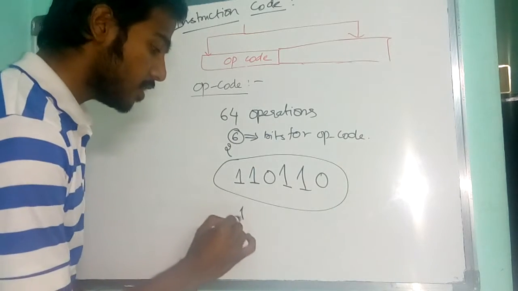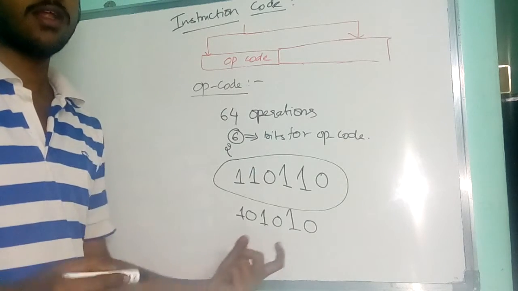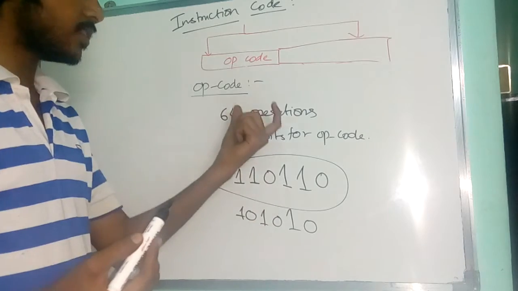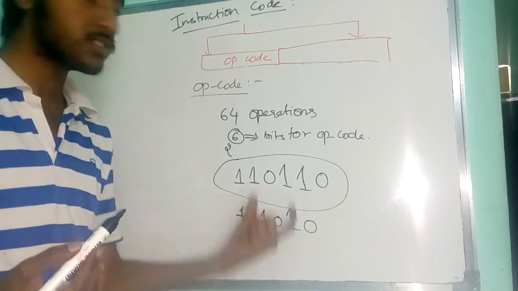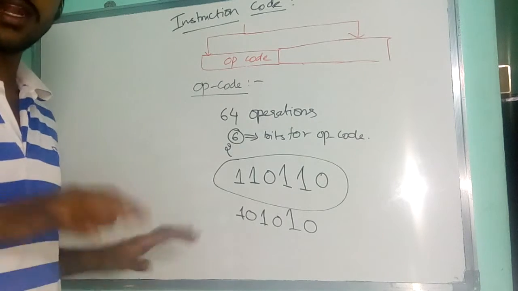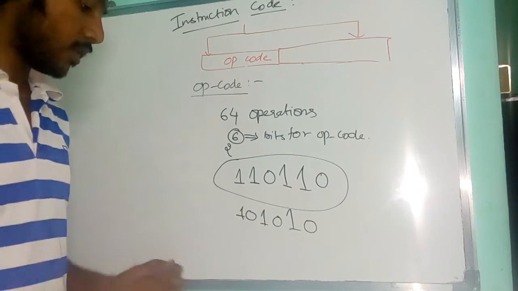In the same way, there can be one opcode for subtraction, and one opcode for multiplication. In that way, I can have an opcode for 64 different operations. I think it is clear till now what an opcode is, right?